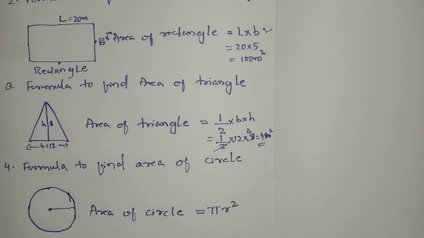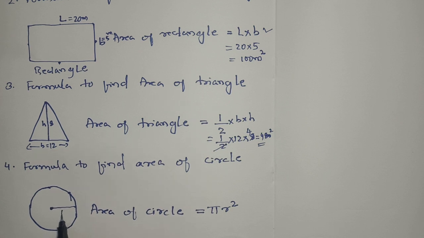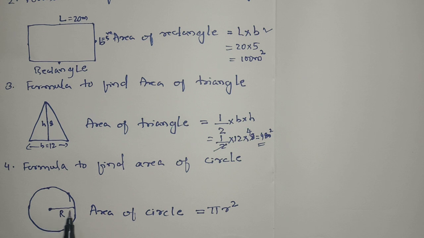What do you mean by radius? Radius means a line drawn from the center of the circle to the circumference of the circle is called radius. As you have seen here, I have drawn one line from the center of the circle to the circumference of the circle. This is called radius.